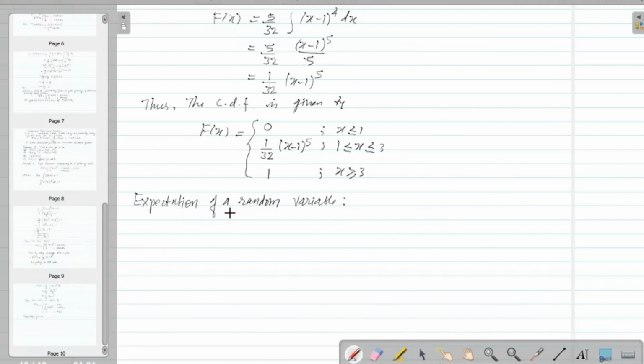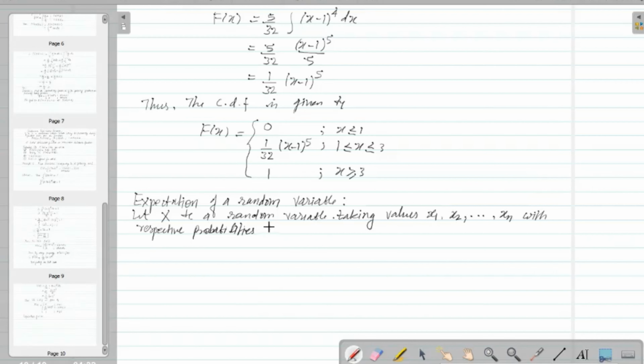Okay, let's define it. So first of all we write here: let x be a random variable taking values x1, x2 up to xn with respective probabilities p1, p2 up to pn.